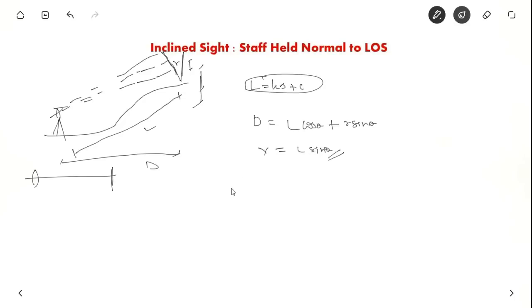So we know elevation of B, reduced level of B equal to reduced level of A plus height of instrument, which I am denoting as HI, plus vertical minus R cos theta. Because this staff is held normal to line of sight, you need to know this, which is R cos theta. If the same thing is depression, this plus V will be minus V. This is all you should know about stadia hair method.